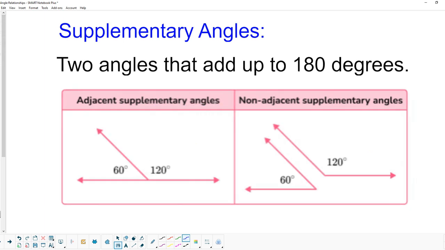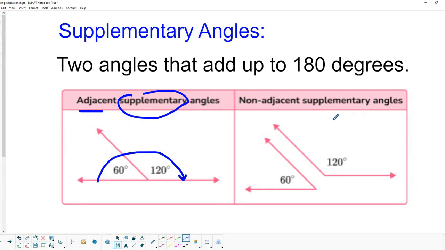All right, moving along. If we have a couple of angles that are adjacent to each other that add up to 180 degrees like this, that is called supplementary angles, and they're adjacent. If we have two angles that add up to 180 but are not adjacent to each other, that would be non-adjacent supplementary angles.